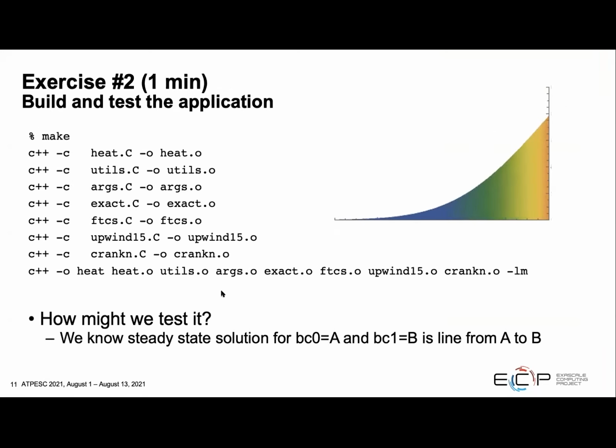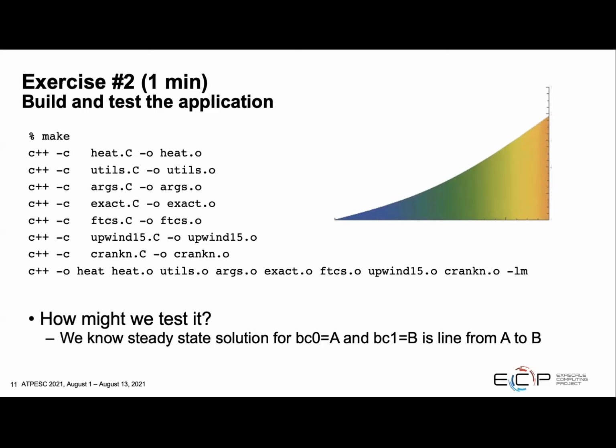Okay. So we have our code and it's compiling, but how do we know if it's generating the correct solution? So we could technically do a method of manufactured solutions, but in this case, perhaps a much easier way is to remember that when the boundary conditions are 0 to 1, the steady state solution is just a straight line from 0 to 1.